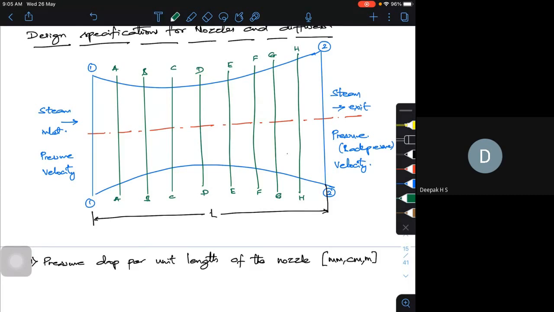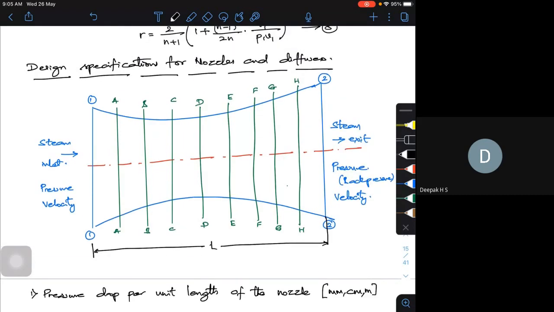The specification will be calculated in terms of pressure drop per centimeter or per millimeter. If I have a very big nozzle, then it will be pressure drop per meter. Now, how are you going to determine the size of the nozzle?